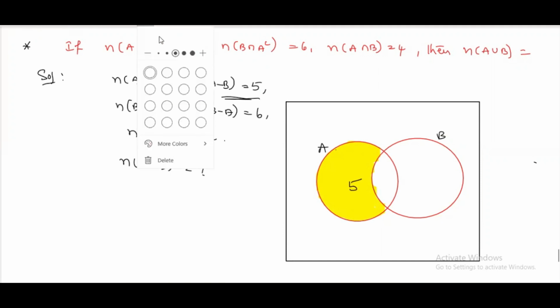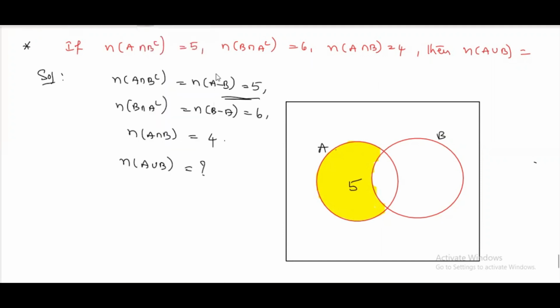B minus A, in the sense this circle part, this is B minus A. How much have they given? B minus A they have given 6. And A intersection B means this part, they have given 4.